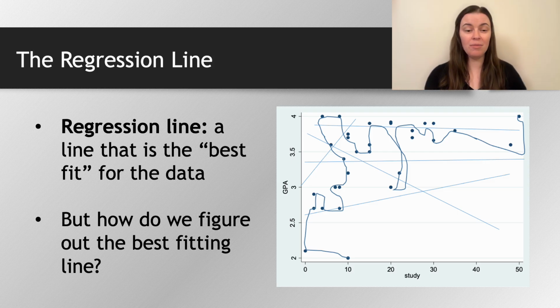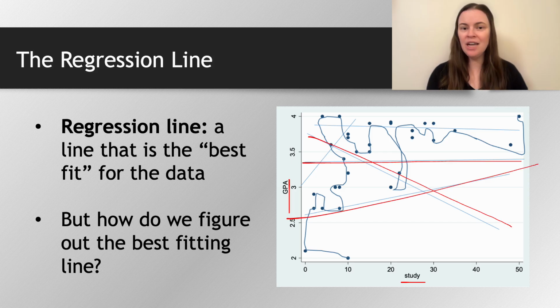If we were to tell them to take away any sort of pattern, correlation, or association between these two variables of number of hours studied and GPA, what relationship are they supposed to derive from this? It doesn't make a lot of sense, right? We could say any of these here, but given this data, it's kind of all over the place and it doesn't make a lot of sense to us.